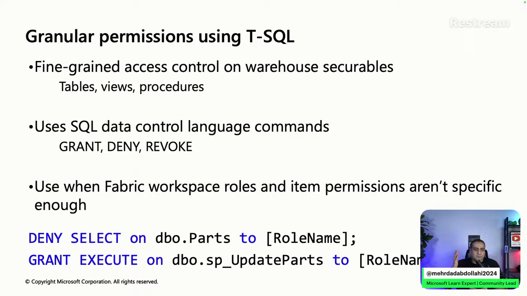We can actually provide them the access to the tables, views, stored procedures, and functions, and basically we provide them with the grant, deny, or revoke access if it is already granted.